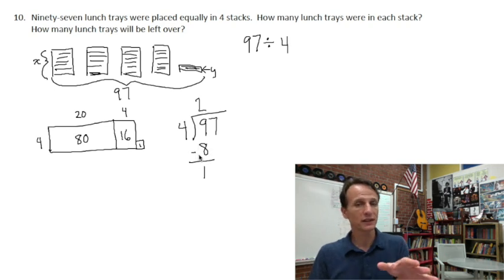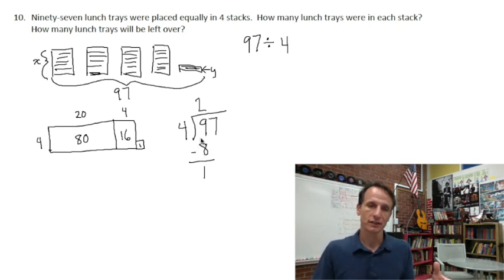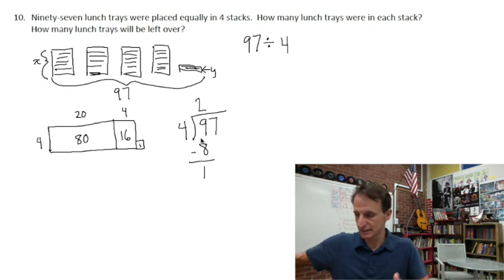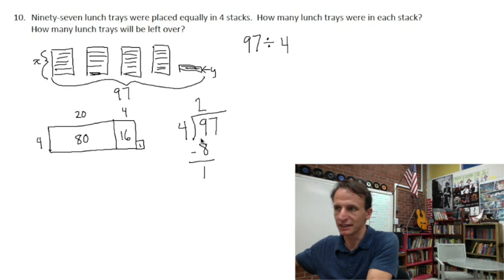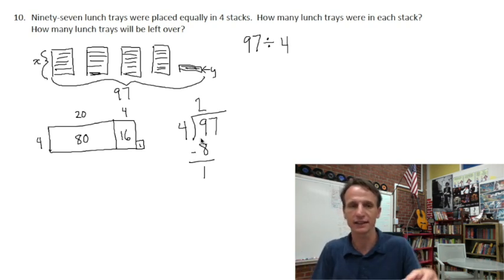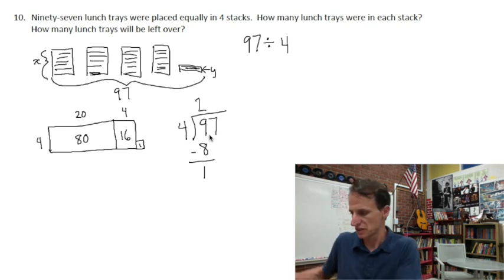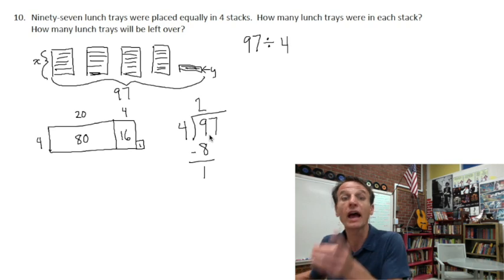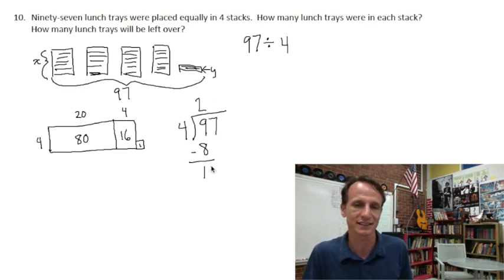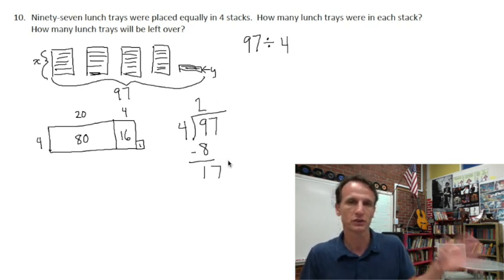So the way to think about this, by the way, is that I took the lunch trays and I said, okay, here's 20, 40, 60, 80. 20, 20, 20, 20. And so that's the 80 there. That's what that is. And now I still have 10 lunch trays and 7 lunch trays that I need to distribute out.